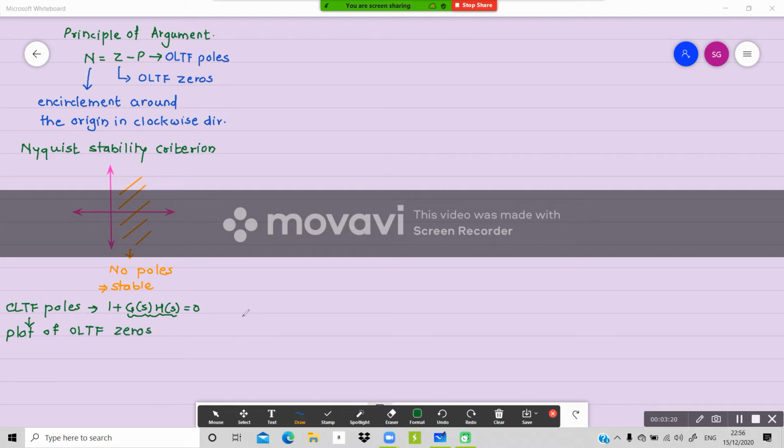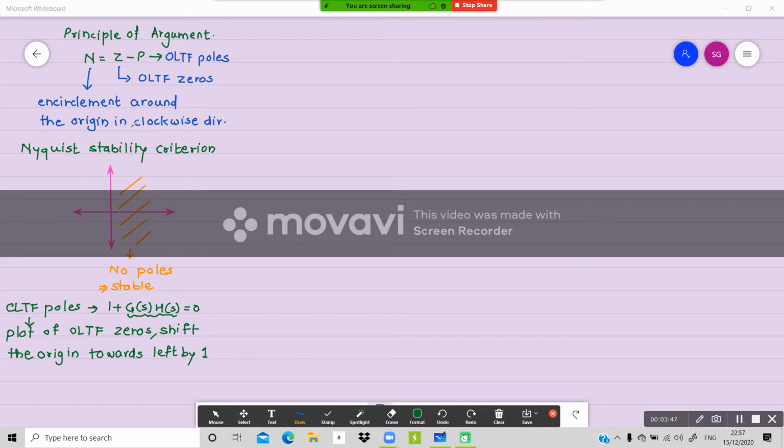Right? And only one thing, because plus 1 is there, we said shift the origin towards left by 1. Correct? This thing we discussed.